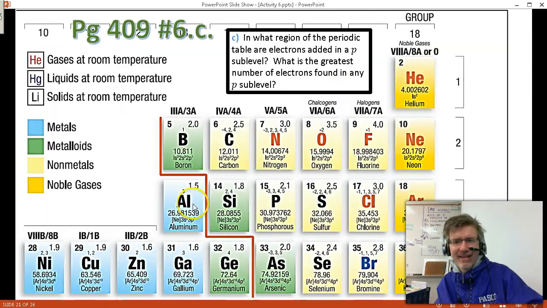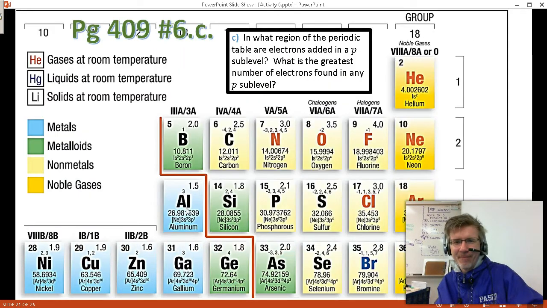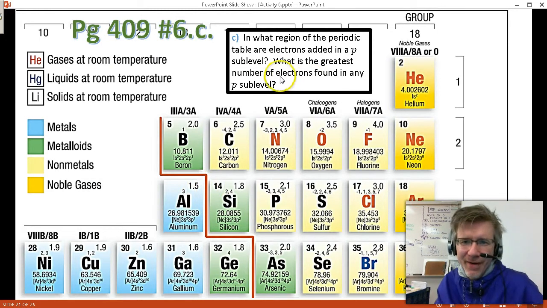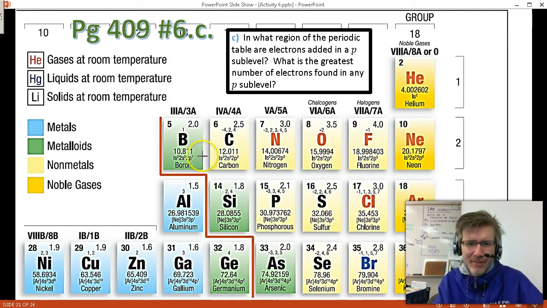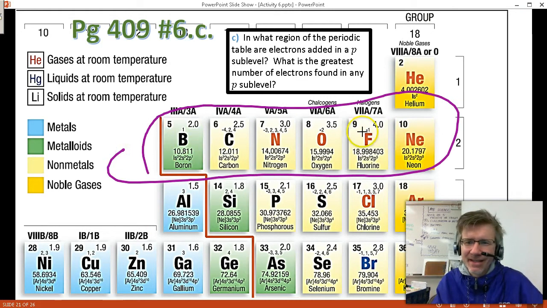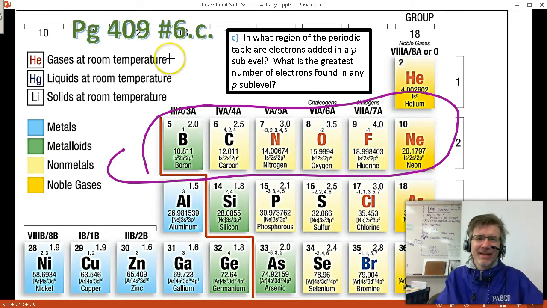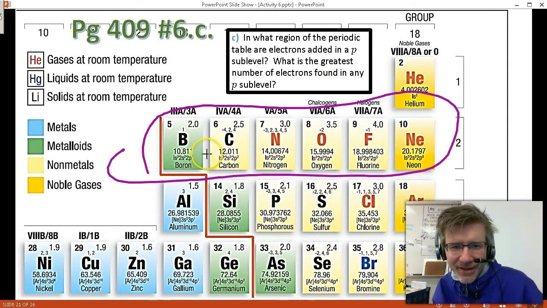Alright. Then, in what region of the periodic table are you adding a P sublevel? This is page 496C. So it turns out you're only adding electrons in the P sublevel here in this part of the table. So this is groups 13 through 18. And the number of electrons, look close at this now.